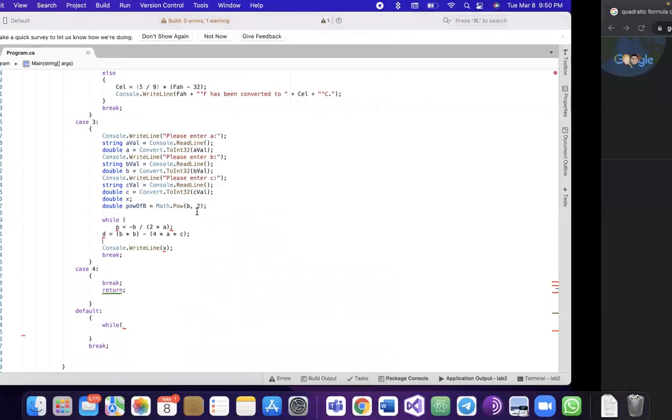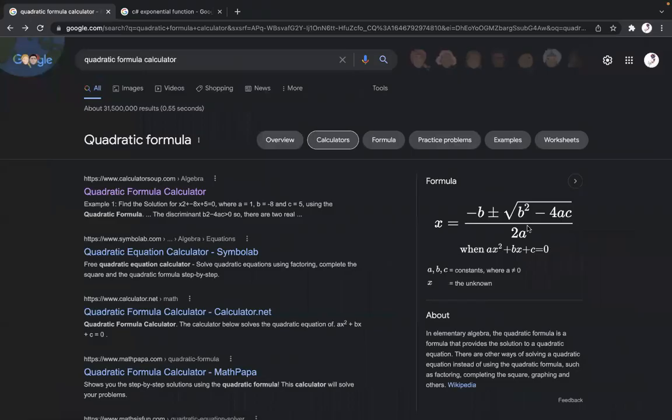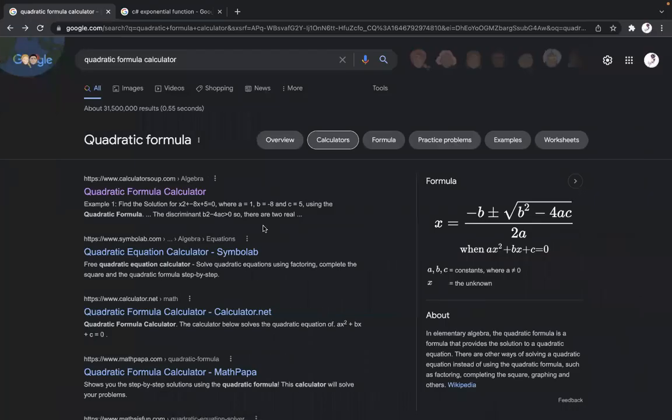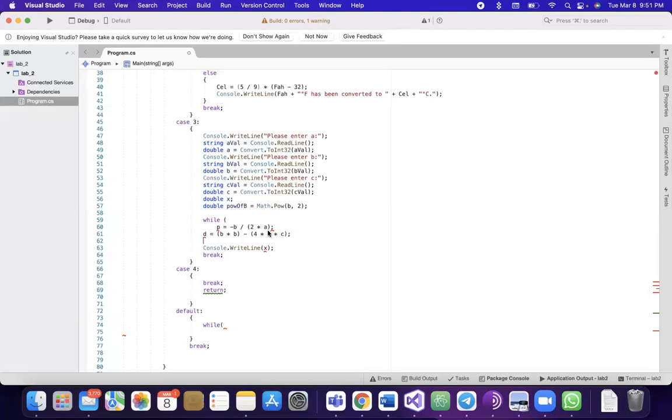So we got negative B equal. But the thing is that if you divide negative B by 2 times A, you're going to have to do that for this section too. Never mind, I don't know what I'm doing.